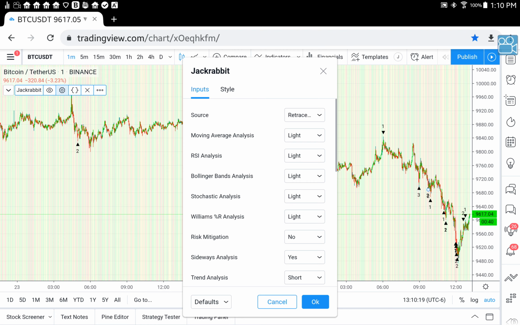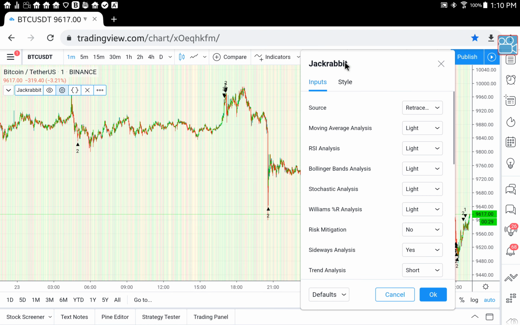Indicators are what make the decisions on buying and selling in Jackrabbit. They are the driving force of all technical analysis. Moving averages, RSI, Bollinger's, Stochastic, and Williams. These are the driving indicators of Jackrabbit.